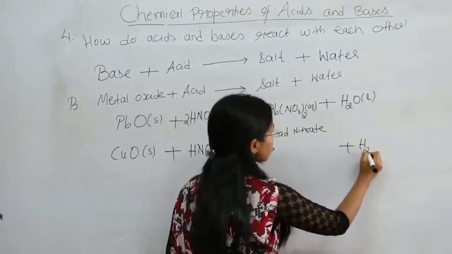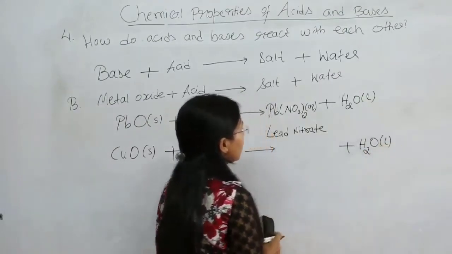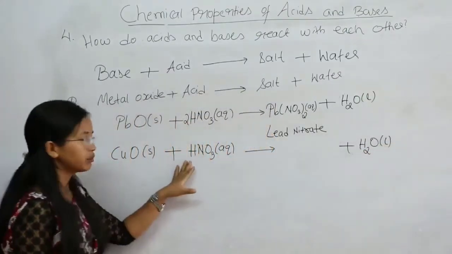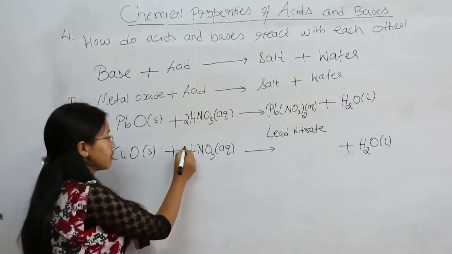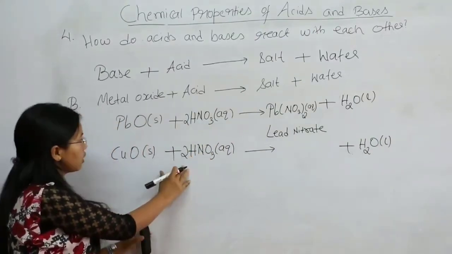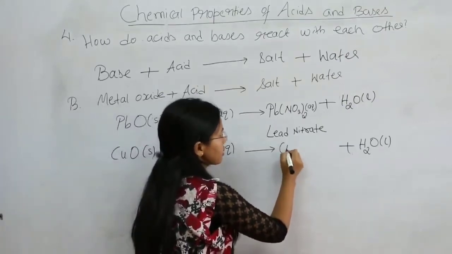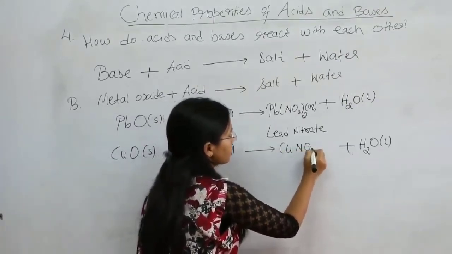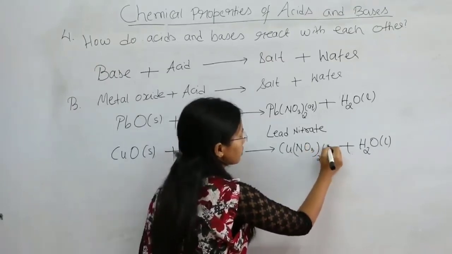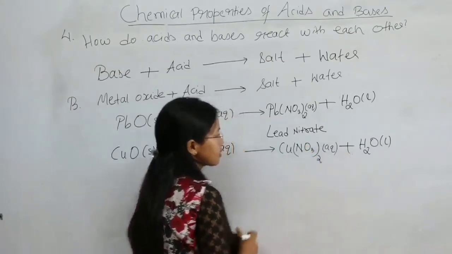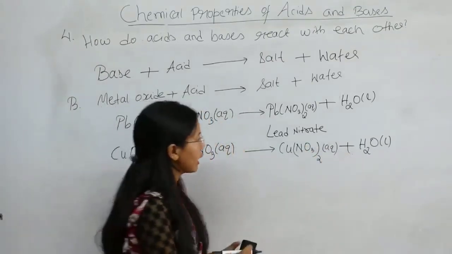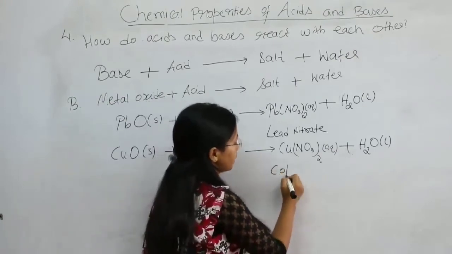Let's take first this water. Here 2 hydrogen, but here we have only 1. We need to balance, multiply it by 2. So now we are left with copper nitrate, that is Cu(NO3)2. So this is the salt that we get here, that is copper nitrate.